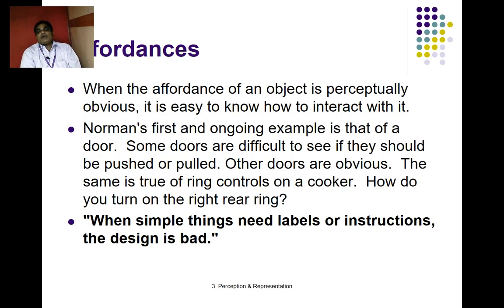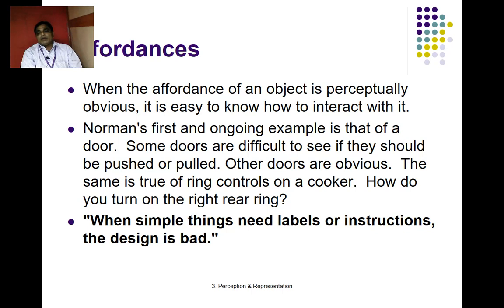When the affordance of an object is perceptually obvious, it is easy to know how to interact with it. If a label has been pasted on a door, saying pull to open, then every user will pull the door and the door will open. The normal first and ongoing example is a door.